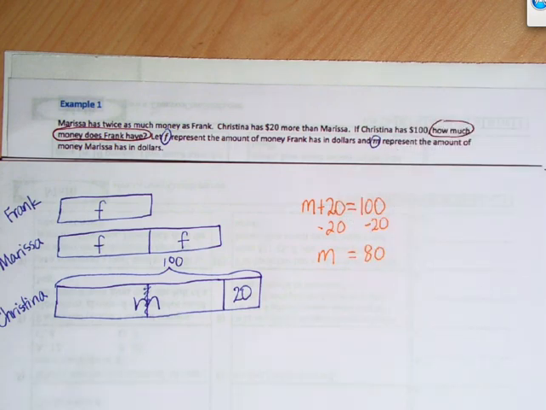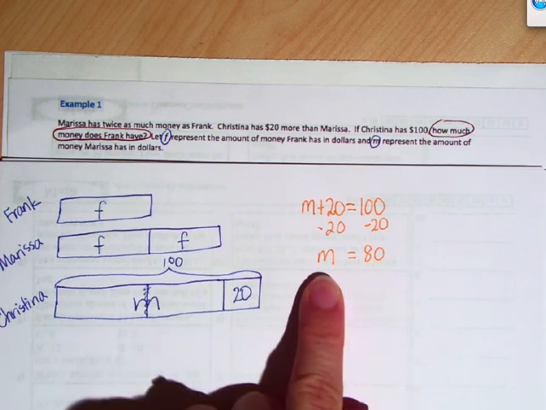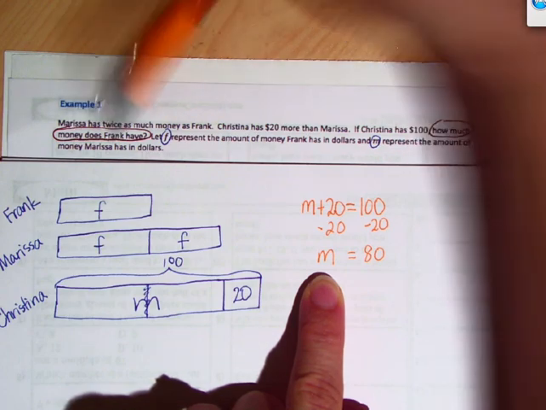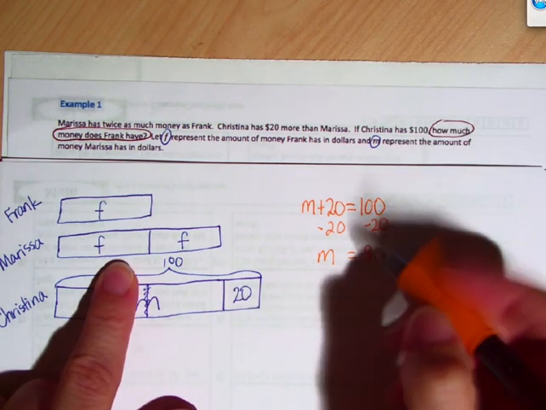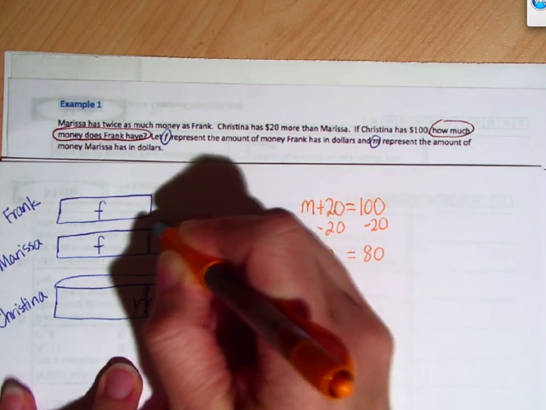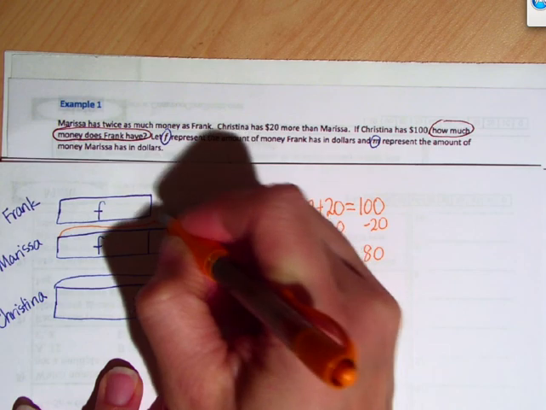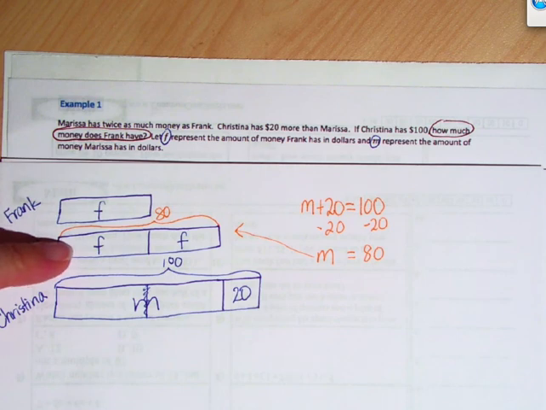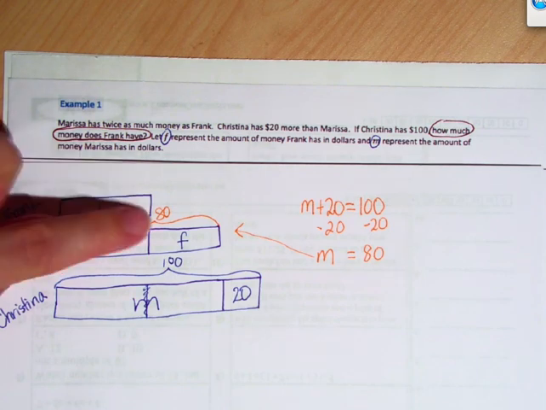Now what does that 80 represent? Well, that 80 is the M, and that represents the amount of money that Marissa has. So Marissa has $80. So that's telling us that this, for Marissa, is $80. Now we have enough information that we can find F because we know the total.